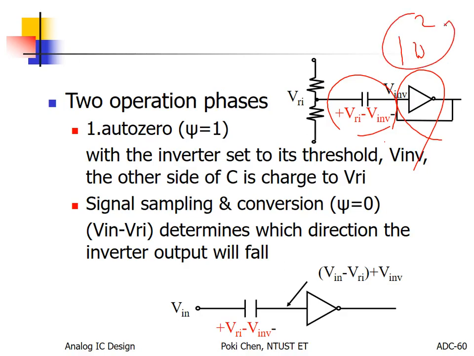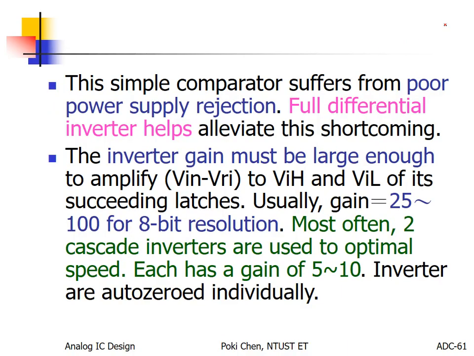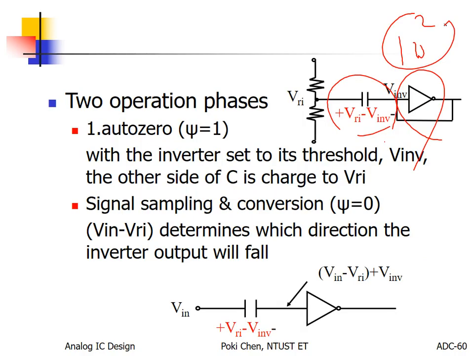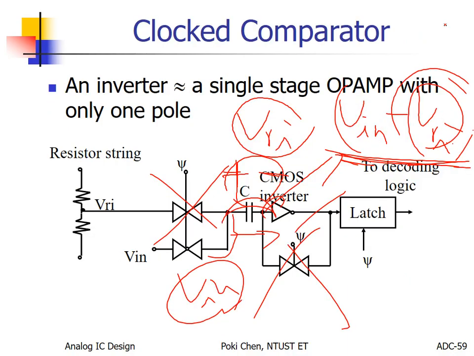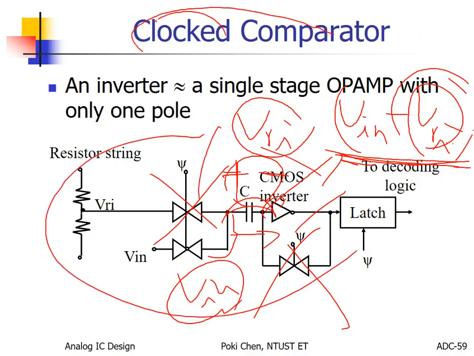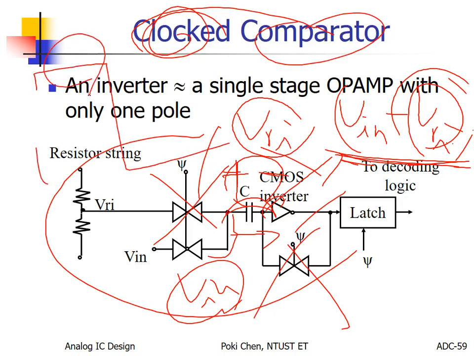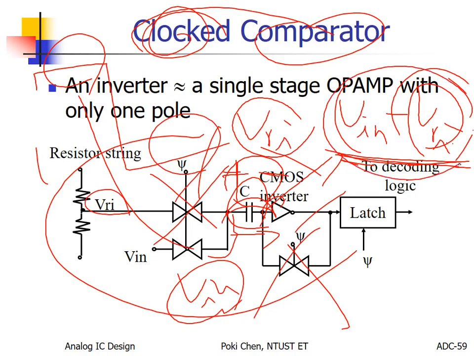That is a very, very easy to understand structure for you. But this is only for explanation, for you to get an easy understanding of such kind of clocked comparator. Because for the positive, negative, this is to charge the capacitor to VRI, and that is to get Vin minus VRI.